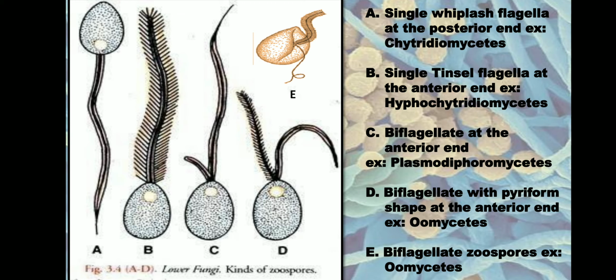The tinsel flagellum is present in the forward region and the whiplash flagellum is present at the backward region. The whiplash flagellum is many times longer than the tinsel flagellum. It is usually seen in the Oomycetes.